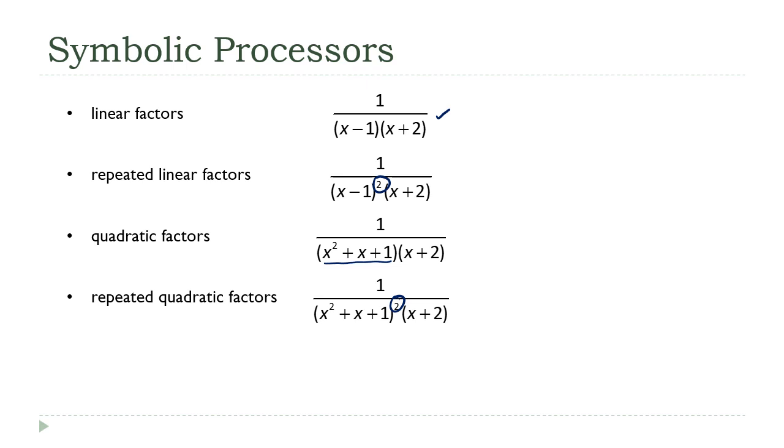Now, you can go further than this. You can take this to cubic factors, quartic factors, whatever, and as we get further into this you'll see that you can apply the method we're going to use here and extend it in a very natural way to deal with those higher degree factors. We're really not going to go there in this class. These are really only the four cases we're going to look at.